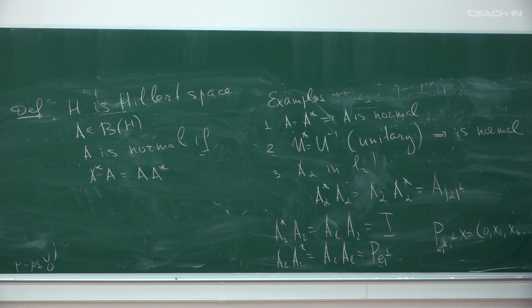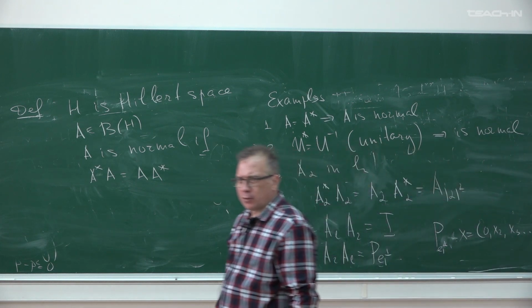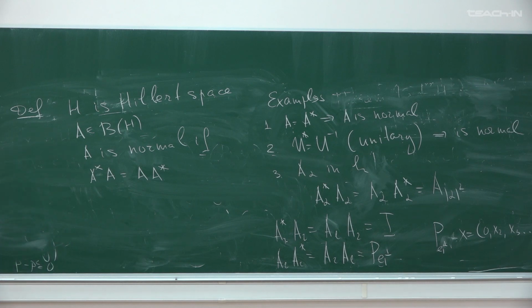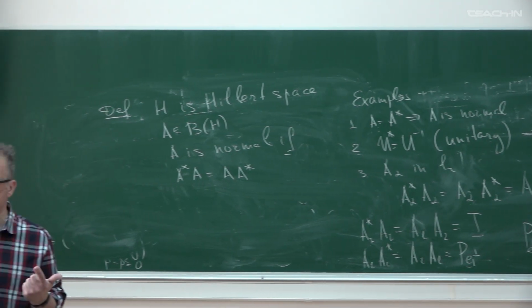So these are examples, and normal operators are the nearest to the self-adjoint ones. They are almost self-adjoint operators. Later we will construct the model of a self-adjoint operator: it is equivalent to an operator of multiplication by some real-valued function.